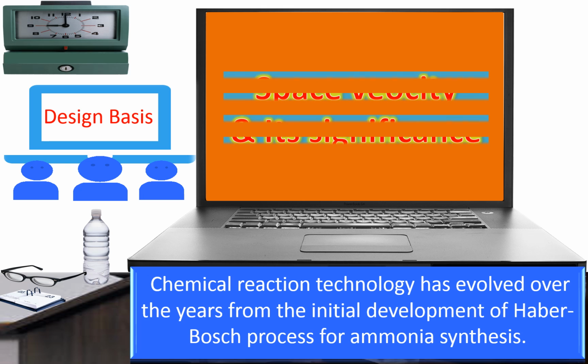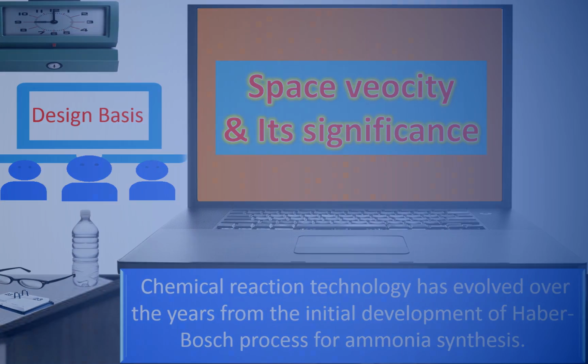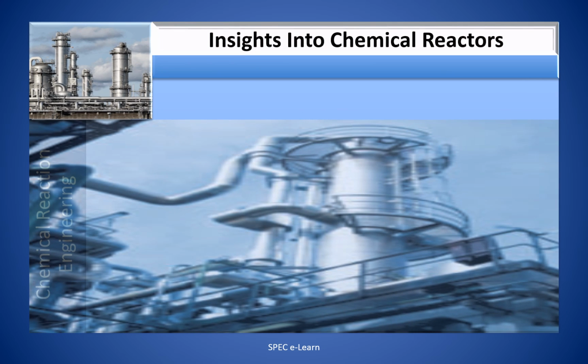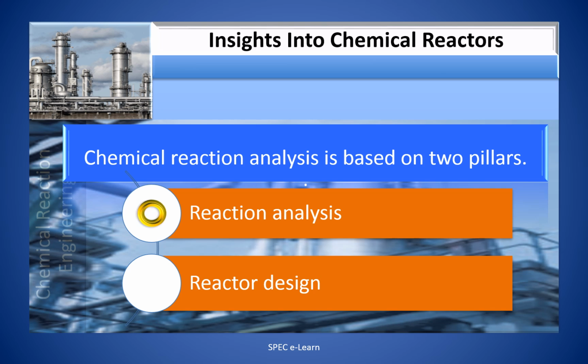Chemical reaction technology has evolved over the years, from the initial development of the Haber-Bosch process for ammonia synthesis. Chemical reaction analysis is based on two pillars: 1.